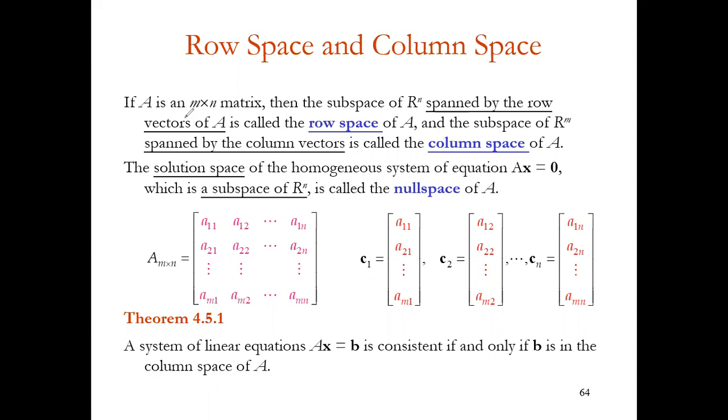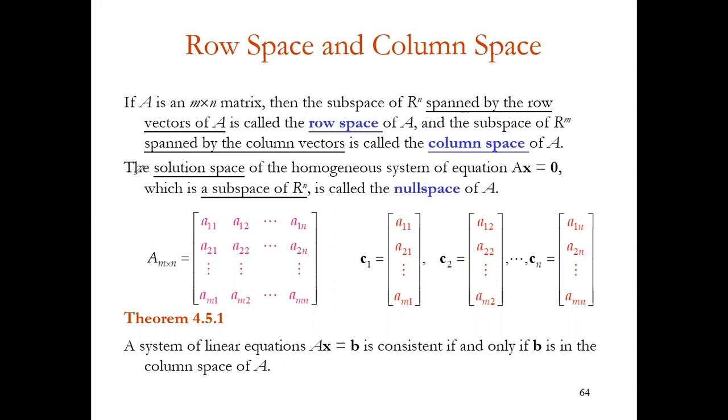If A is an m times n matrix, then the subspace of Rn spanned by the row vectors of A is called the row space. And the subspace of Rm spanned by its column vectors is called the column space of A.